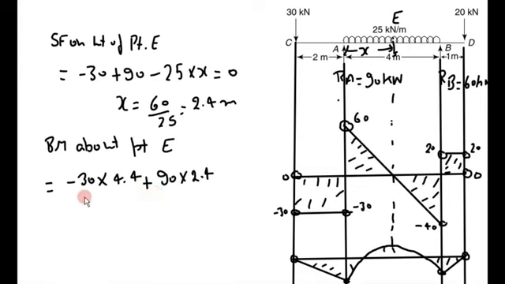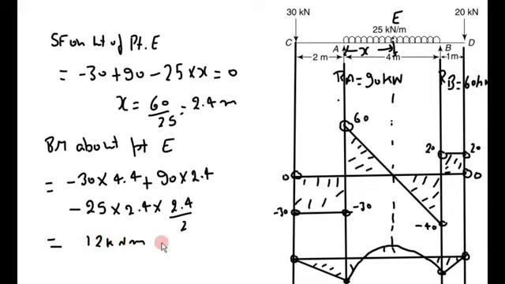Next load is UDL. UDL is 25 kilonewton per meter acting on x meter, and distance of its CG lies at half of total distance, and it tends to rotate the beam in anti-clockwise direction. So this value comes out as 12 kilonewton meter. So the value of maximum bending moment is 12 kilonewton meter.